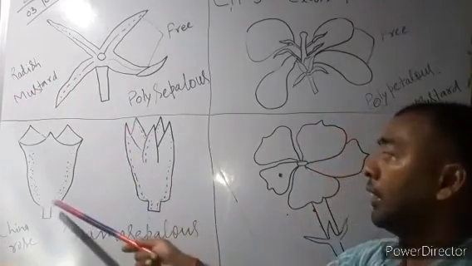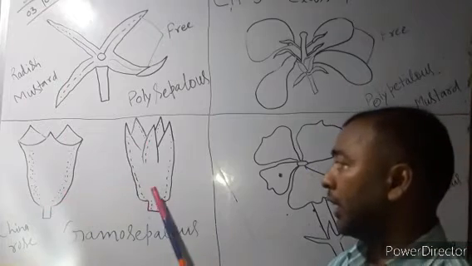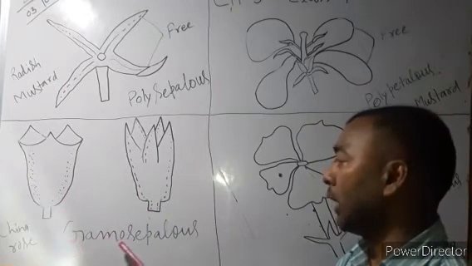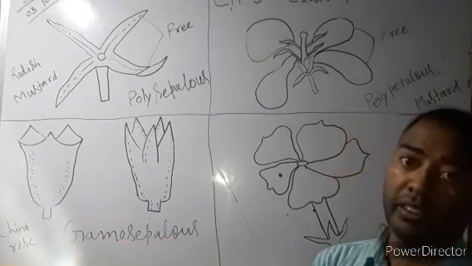Apart from that, the next condition is known as gamosepalous condition. This is when the sepals get together, attached to each other, and make a cup-like structure. You can see here the cup-like structure. That is known as gamosepalous condition.